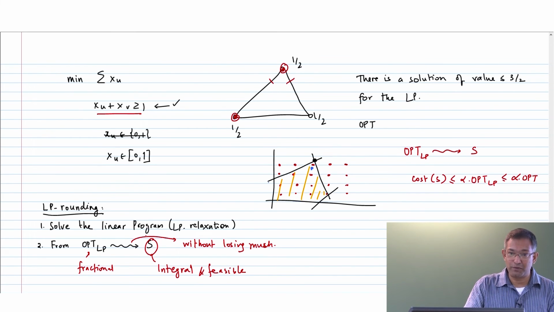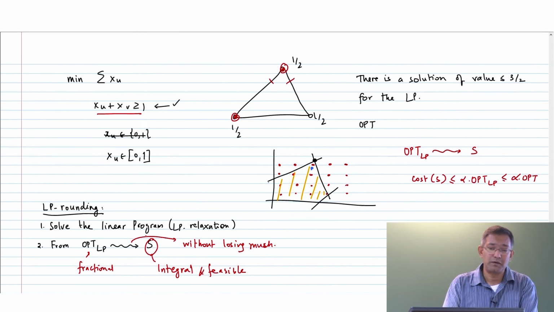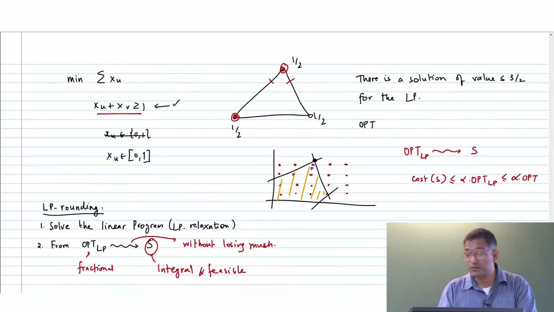So, I am going to do that now. I will show you how you can do it. That is called LP rounding. So, I will show you 2 examples, vertex cover and set cover. Okay. So, we have the fractional solution, we want to somehow carefully round it to get an integer solution. You might want that integral solution to be an optimal solution. It need not be an optimal solution. Then how can I prove the approximation algorithm is alpha? which is what we want to do.